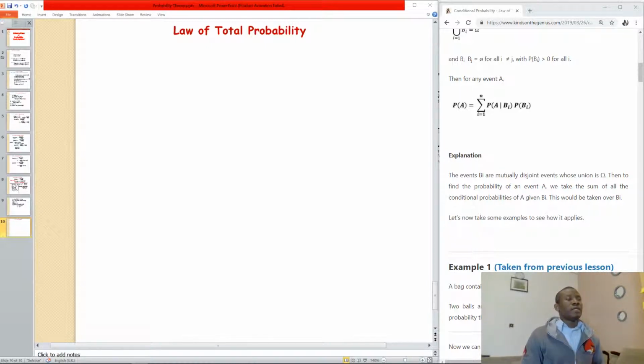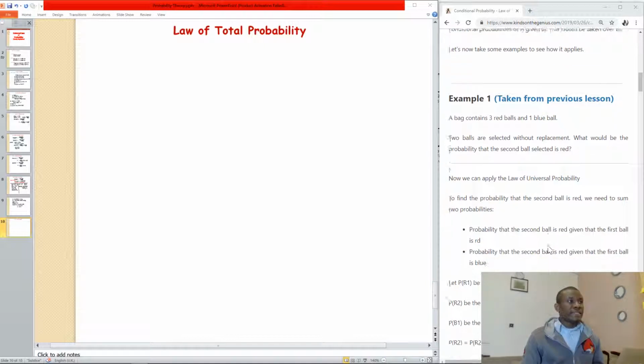So if you have two events, the first event and the second event, and event A, a third event, depends on the first event and the second event, then the complete probability of A is the conditional probability of A based on the first event plus the conditional probability of A based on the second event. So you are summing all the conditional probabilities of A.